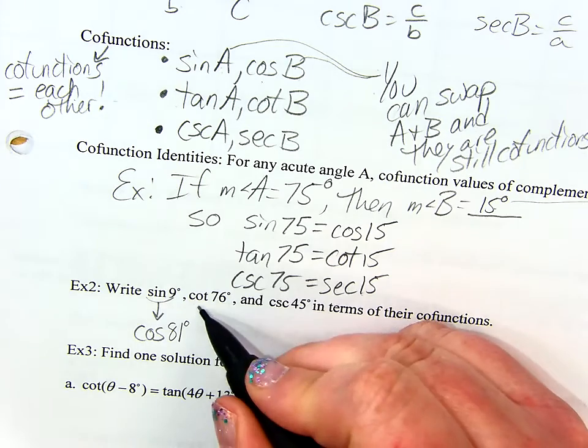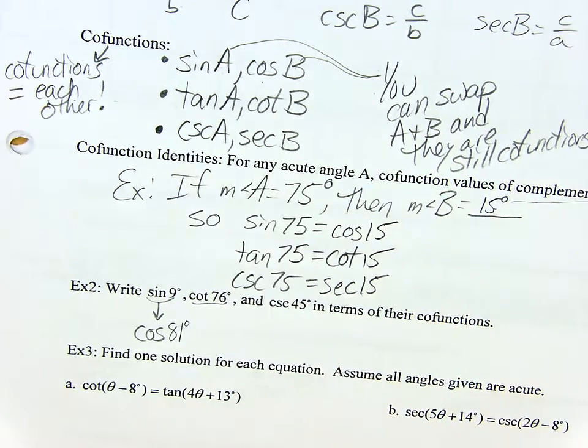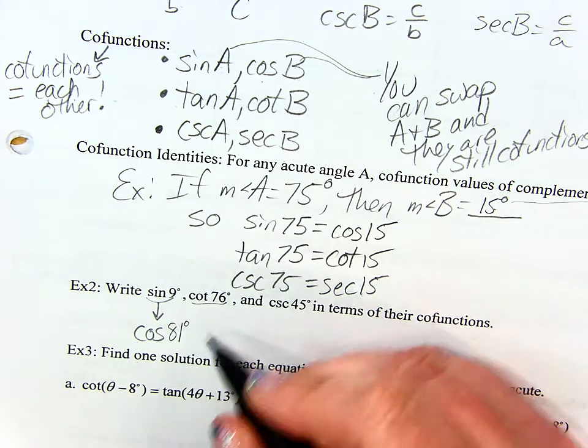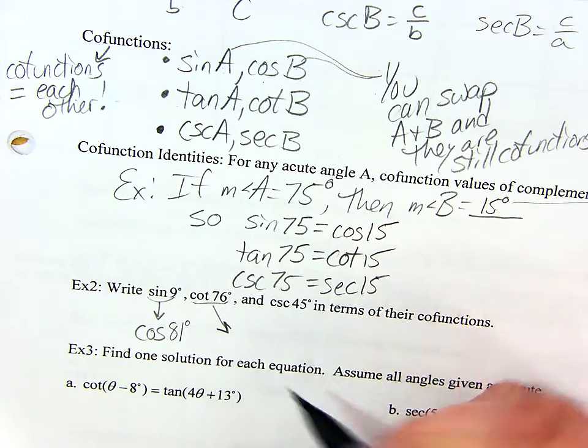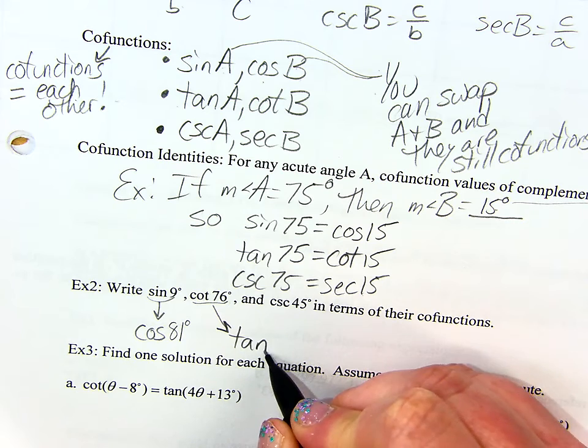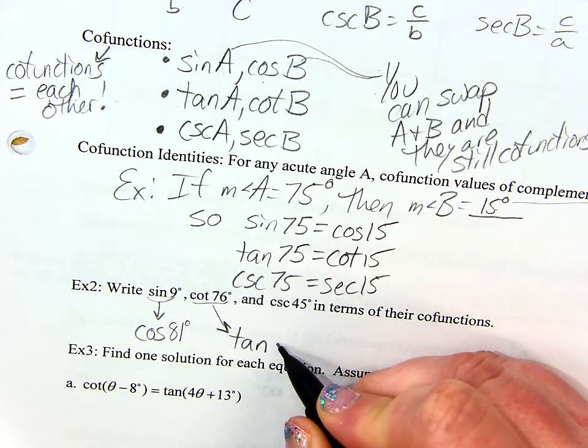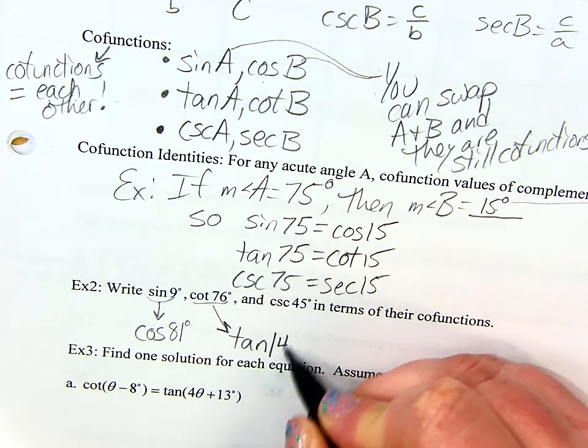Okay, you try cotangent 76. So cotangent and tangent are the pairs, and it'd be tangent of 14.